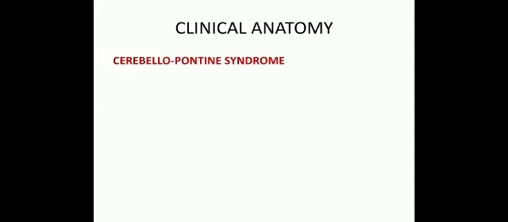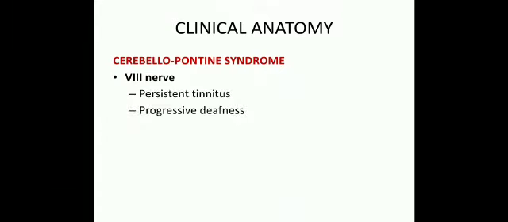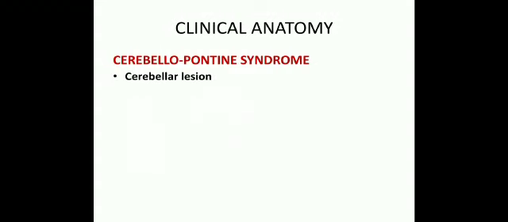Coming to the clinical anatomy, cerebellopontine syndrome. If the structures present in this angle are damaged, they show symptoms according to the involvement of the structures. If there is involvement of the 8th nerve, that is the vestibulocochlear nerve, there will be persistent tinnitus, progressive deafness, nystagmus, nausea and vomiting and vertigo.